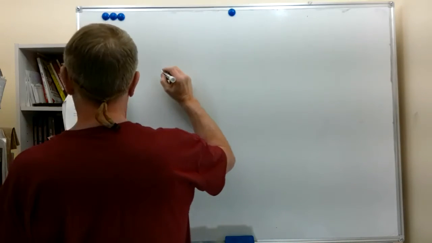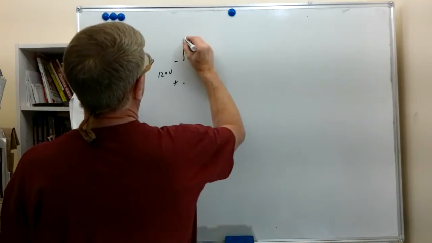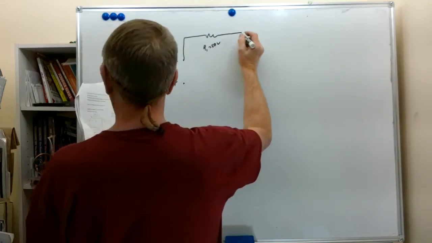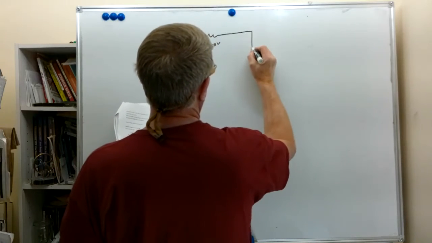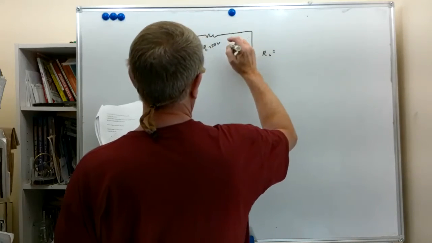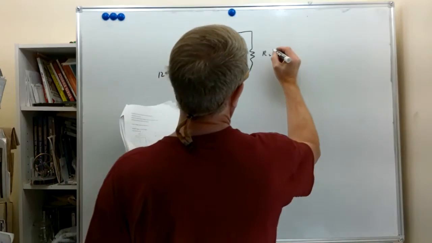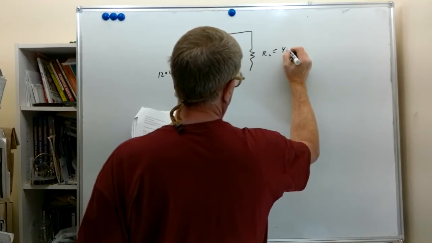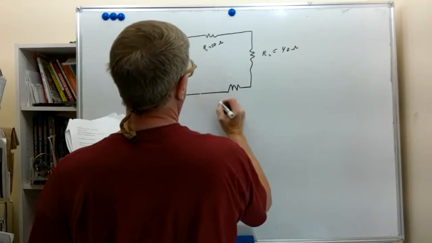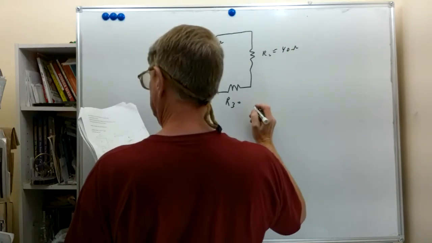So I've got a 120 volt supply, and we have a resistor R1 equal 50 ohms. R2 equals 40 ohms. R3 equals 30 ohms.